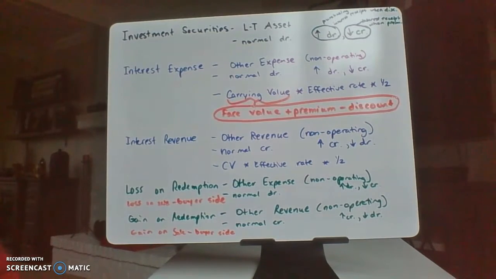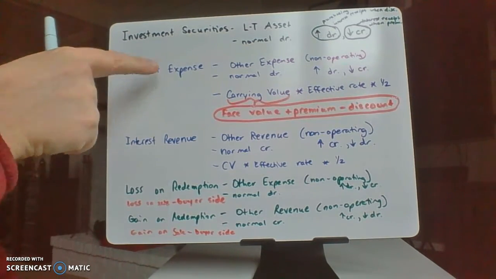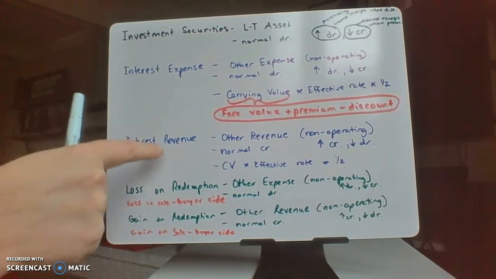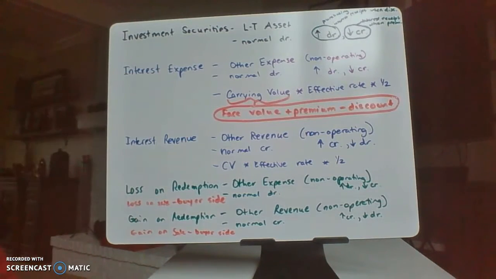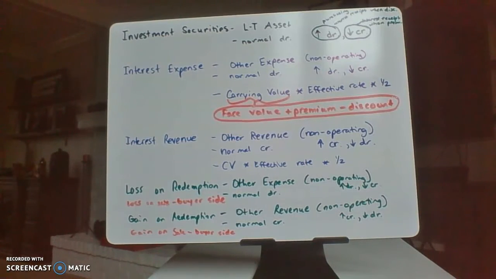Then interest expense and interest revenue. So when I'm the issuer of the bond, this is what's happening. When I'm the buyer of the bond, this is what's happening. So it's going to be the exact same amount whichever side of the transaction I'm on. So for interest expense, it's an other expense. It's non-operating.